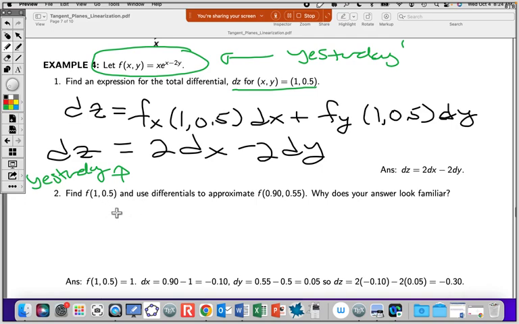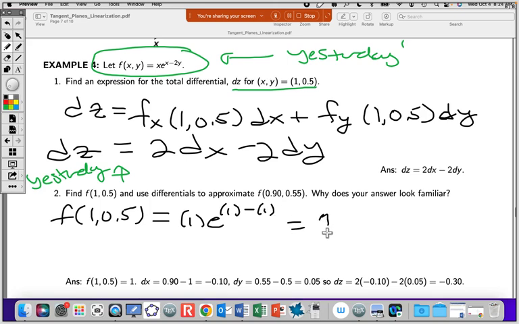Find f of 1, 0.5 and use differentials to approximate f of 0.9, 0.55. Does your answer look familiar? Okay, so we look at f at 1 comma 0.5. We go back to our original function and plug in the x and the y. We get 1 from that.